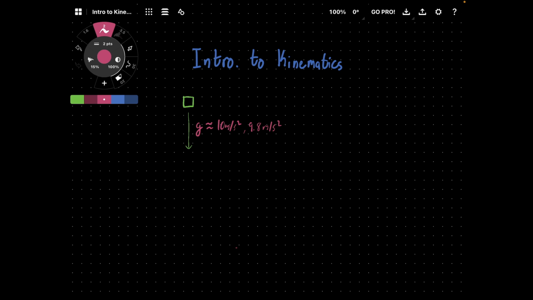Basically, the reason g is constant is Newton's law of gravitation, which I'll write down quickly. F is equal to the gravitational constant G, the big mass times the small mass, divided by r squared. Now r is the distance from the Earth's surface.